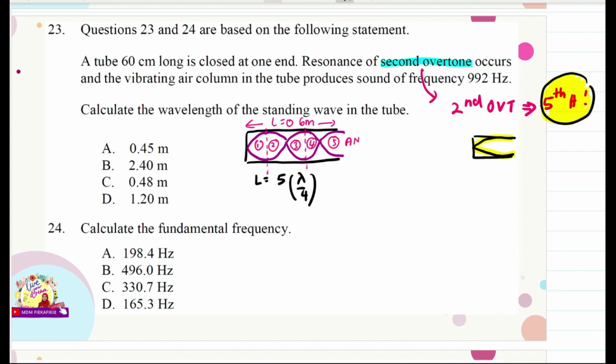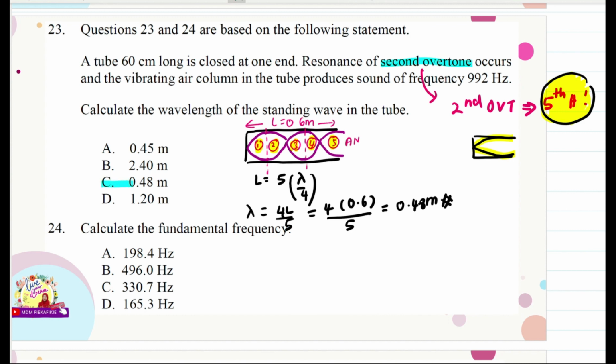Kita ada 5 lambda over 4. 1, 2, 3, 4, 5. Okay. So, L soalan dah bagi. Therefore, okay, lambda is equal to 4L over 5. So, bolehlah kira. L is 0.6, 4 times 0.6 over 5, and the answer is equal to 0.48 meter.